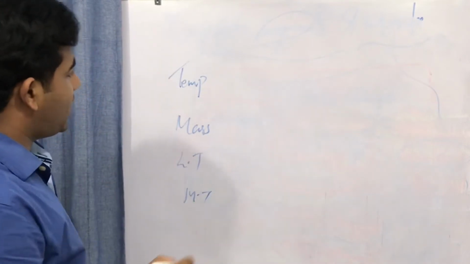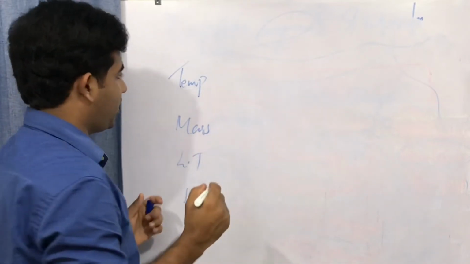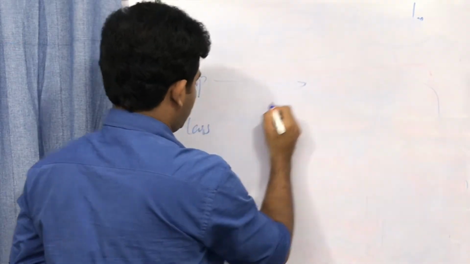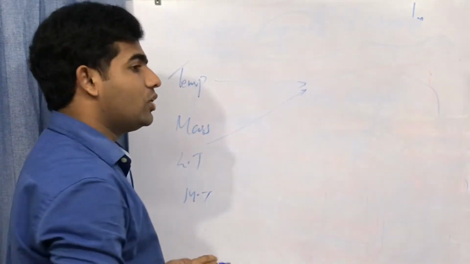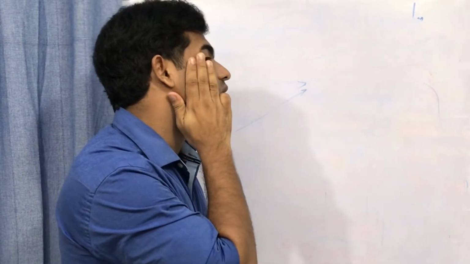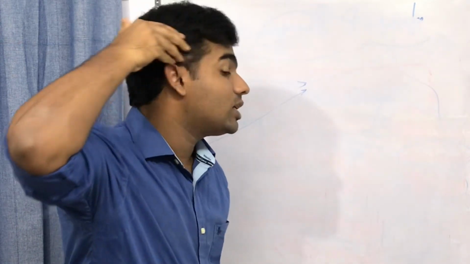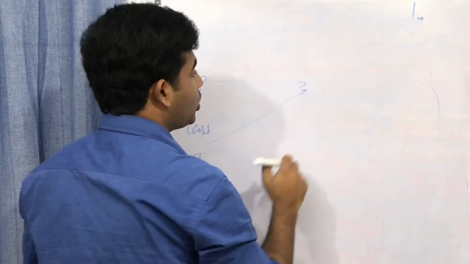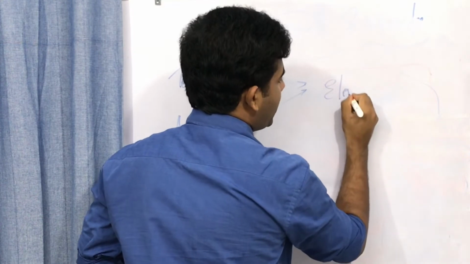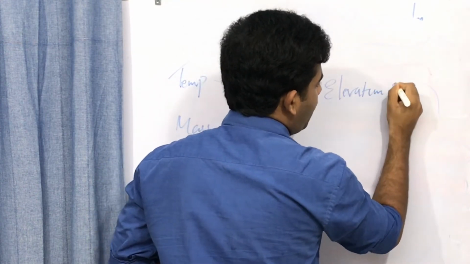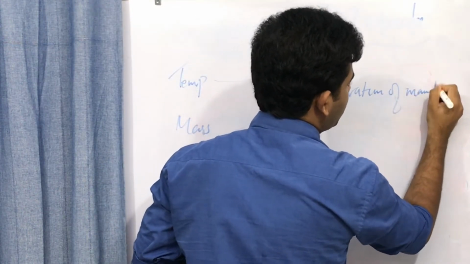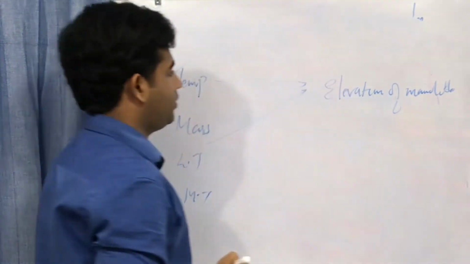Let us see the functions of these muscles very briefly. The temporalis muscle and the masseter muscle: you know this is the orientation of the masseter and this is the orientation of the temporalis. Both of them have a role in elevation of the mandible.